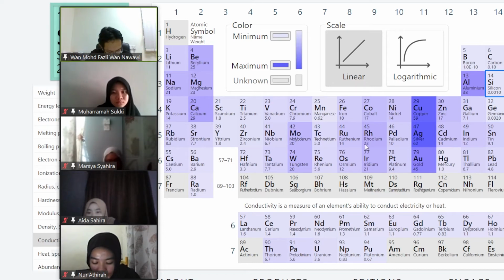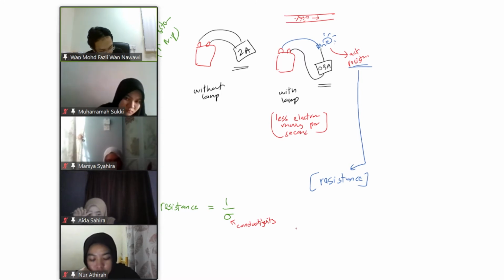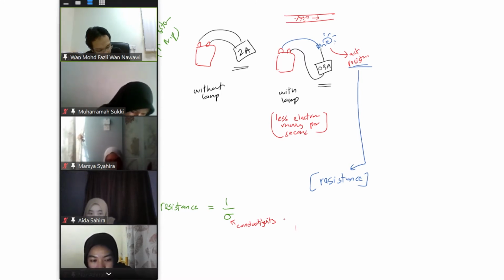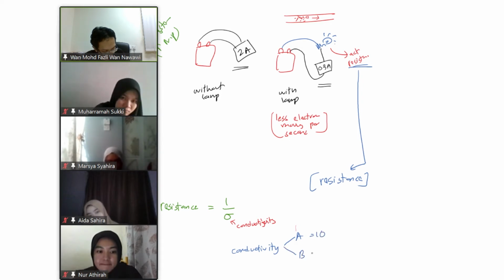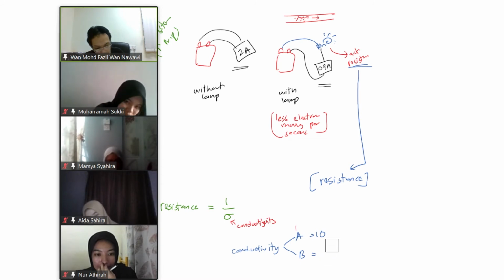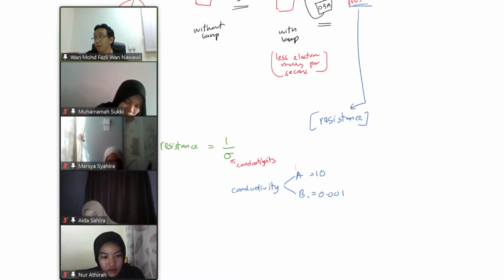For example, let's say you have conductivity of A, let's say 10, and B is 0.001. So it means that B cannot conduct electricity well. It's a poor conductor.